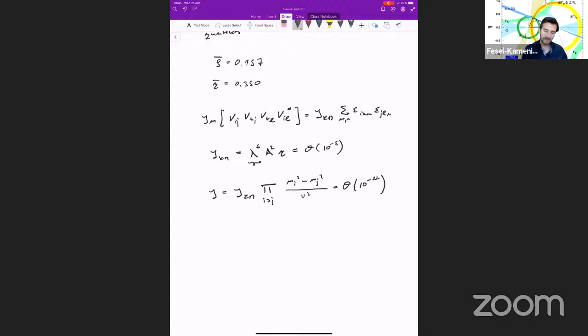Okay, so CP violation in the standard model, even though it's tiny, so this Jarlskog measure of CP violation is very small, 10 to the minus 22, is actually not small because the CP-violating phase in the CKM would be small, but it's small because it's suppressed by small angles and by the hierarchical small masses of the first two generation quarks, compared to the natural scale of the electroweak theory, which is the electroweak VEV.